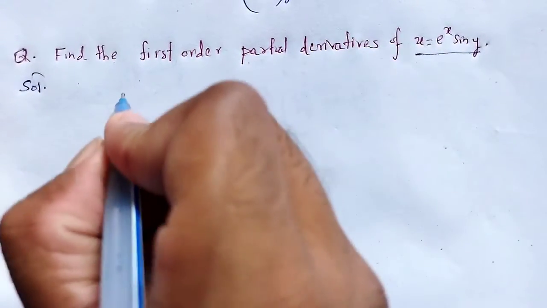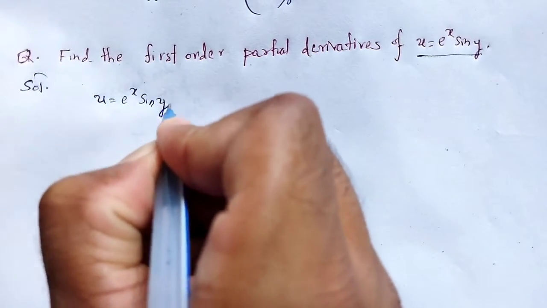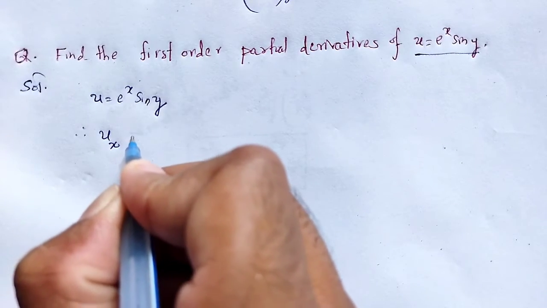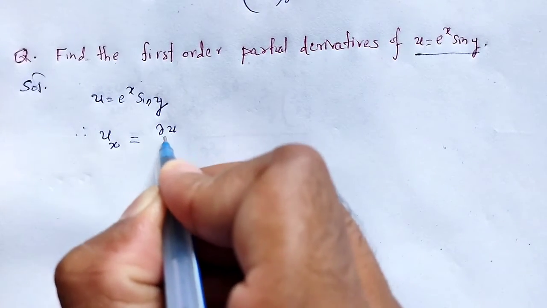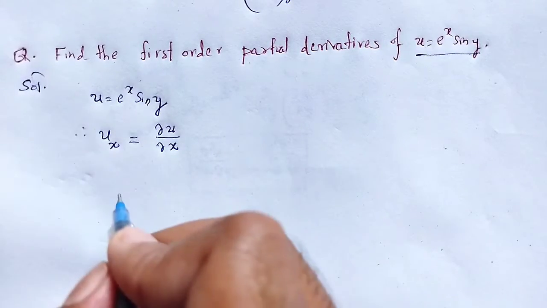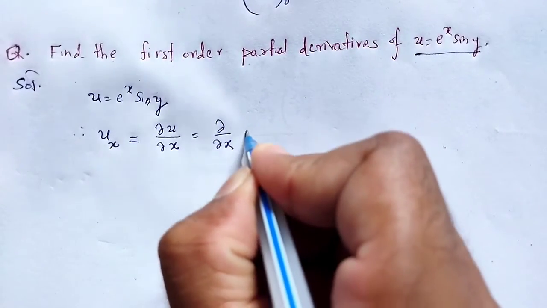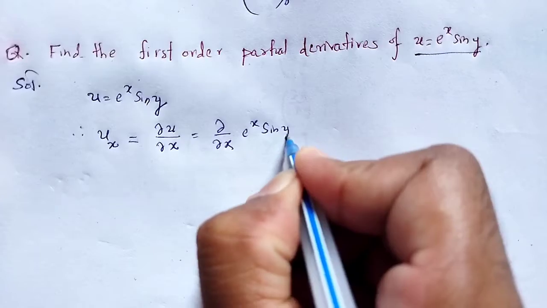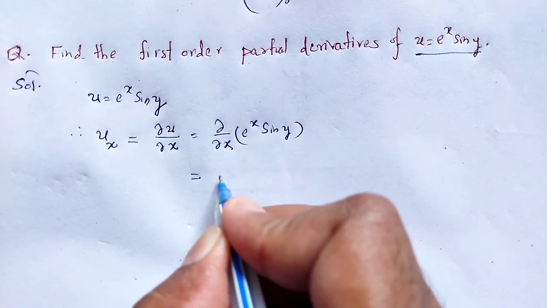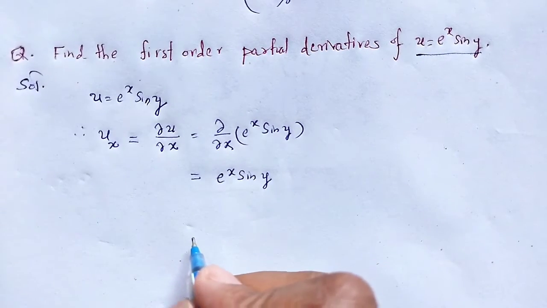How do we solve it? Given u is equal to e to the power x sin y, therefore u subscript x, that means the partial derivative of u with respect to x, whereas y is treated as constant, that is del by del x of e to the power x into sin y, which gives e to the power x sin y.